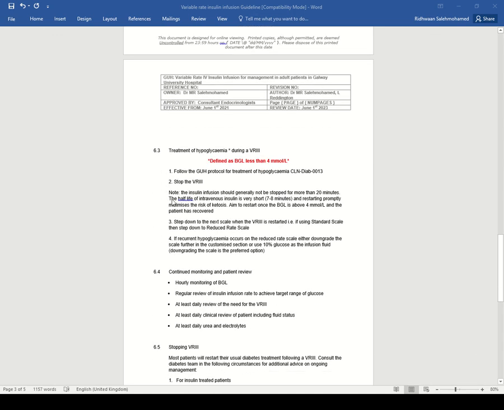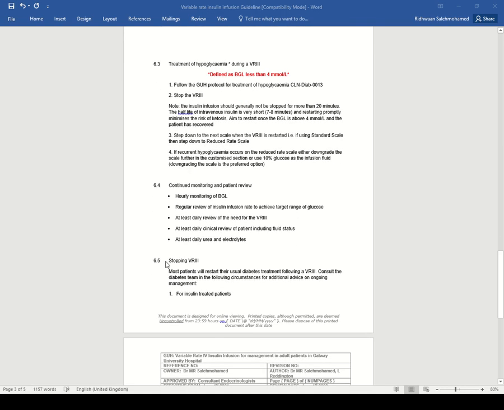Hypoglycemia treatment is covered with a special warning not to stay off the variable rate insulin infusion for an extended amount of time after hypoglycemia is treated, as the insulin goes out of the system once disconnected after about 20 minutes.